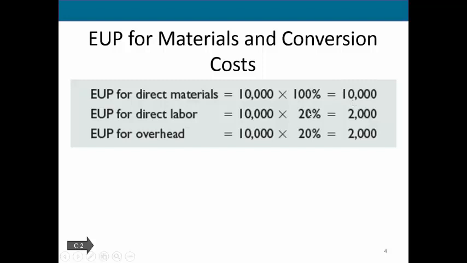However, our conversion is only 20% through the process. So we would multiply here the 10,000 total units by 20%, and we would say the equivalent units produced would be 2,000 units. That's like saying we have 10,000 that are 20% done, or the equivalent of completed units would be 2,000 complete units.